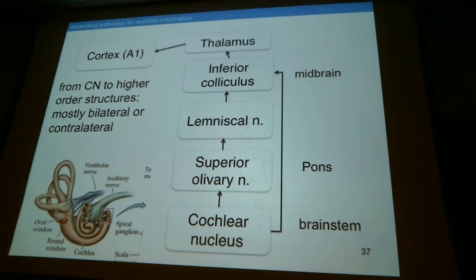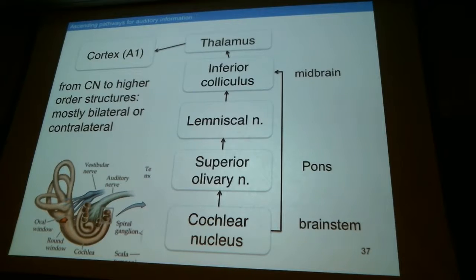This is a hugely simplified version of these ascending pathways. From the cochlear nucleus onward, you have both ipsilateral and contralateral ascending pathways. One of the common themes of auditory processing is that you have multiple parallel pathways involved in encoding different aspects of sound.